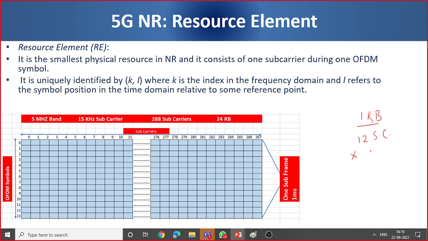Let us assume one symbol duration, or let us take the complete one subframe. So I have 14 symbols. So 12 subcarriers into 14 symbols, and every symbol will contain whatever number of bits. Can you calculate?